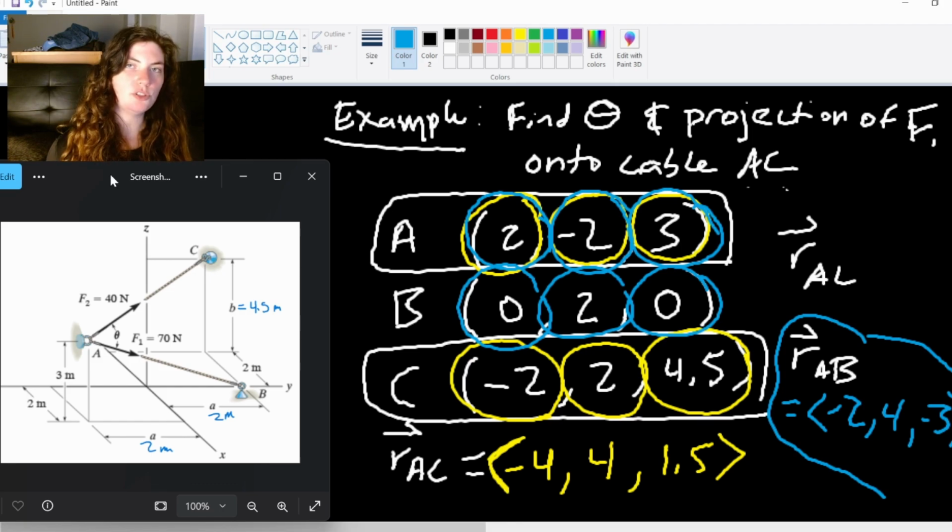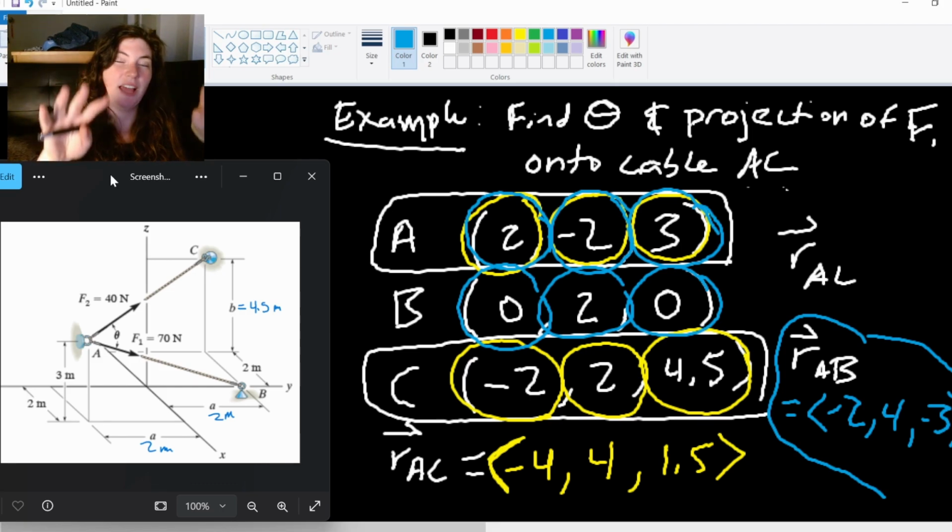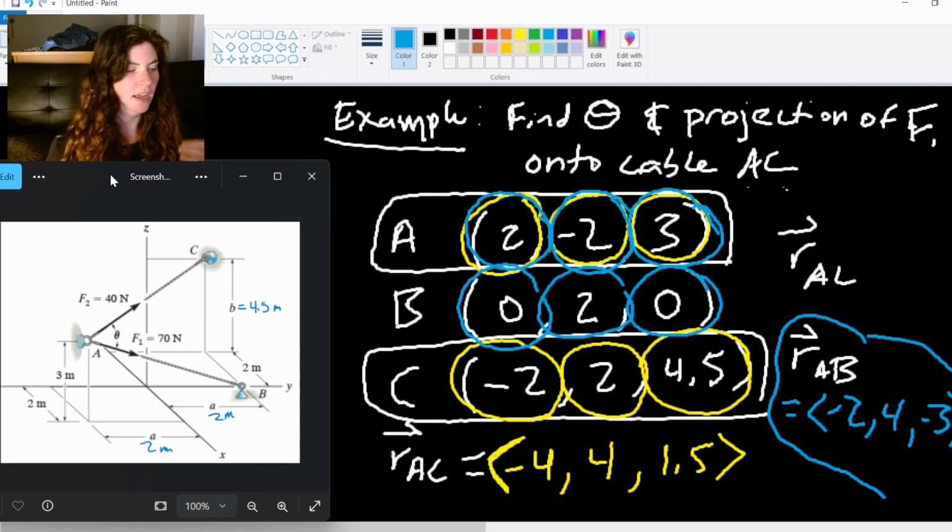So these are our 2 position vectors. You can do these processes side by side, or you can do one after another. I'm kind of doing them simultaneously, just to show you where my thought process is at, but you could go all the way through for F2 and find the vector for F2 first, or you can do them together.